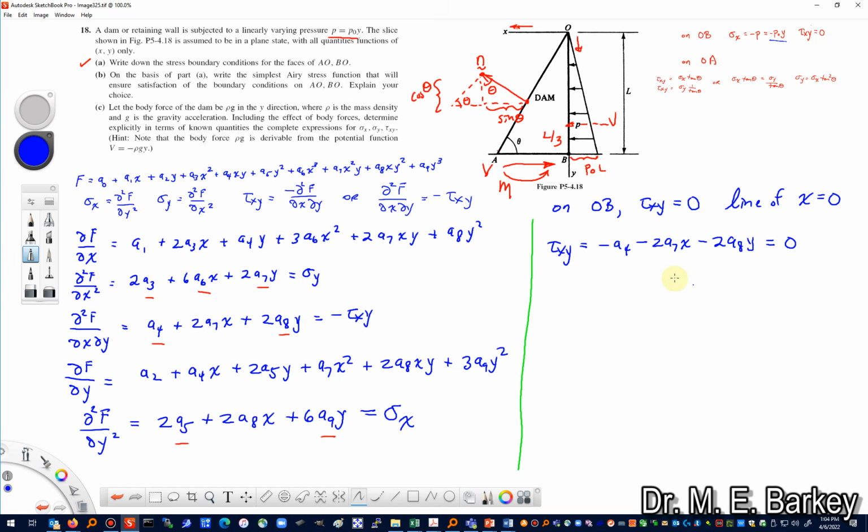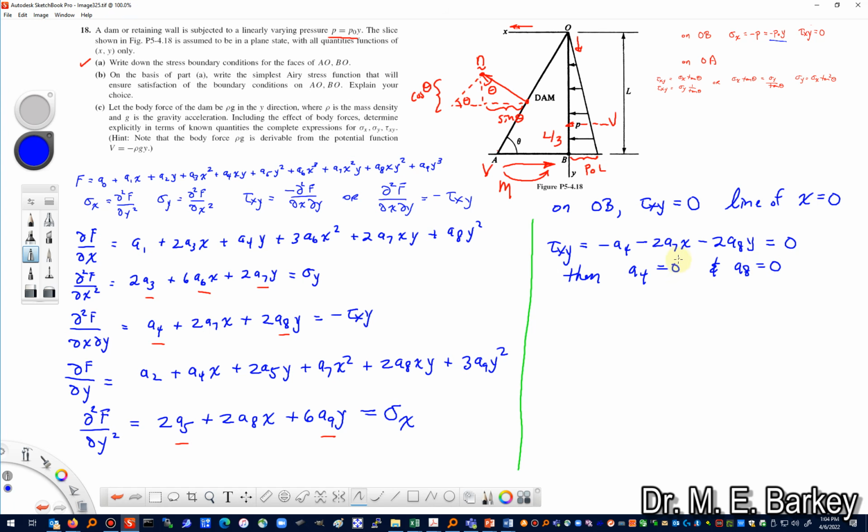Now, if tau xy is 0, you might think the only way we can get that is if all these things are 0. But remember, we're on the line of x equals 0, so we can say that a4 is equal to 0. And we can say that a8 is equal to 0.